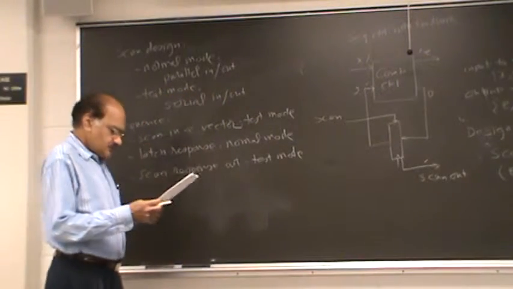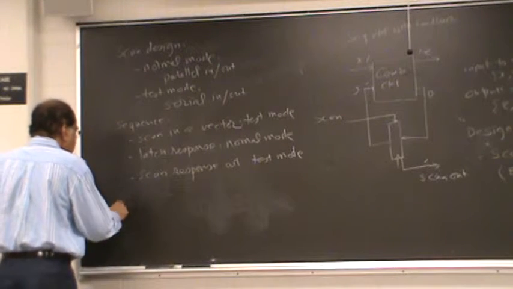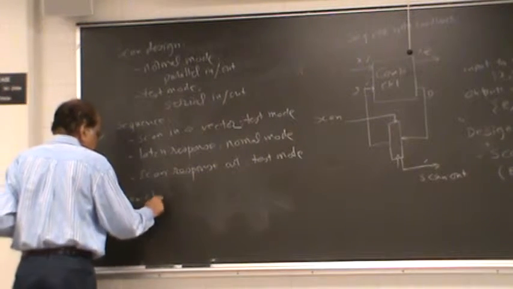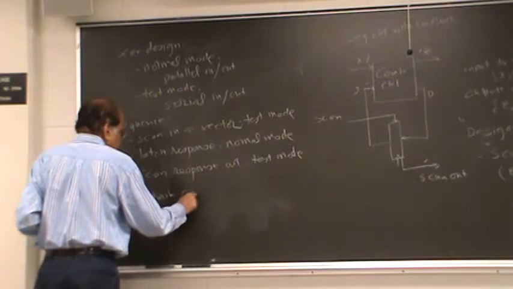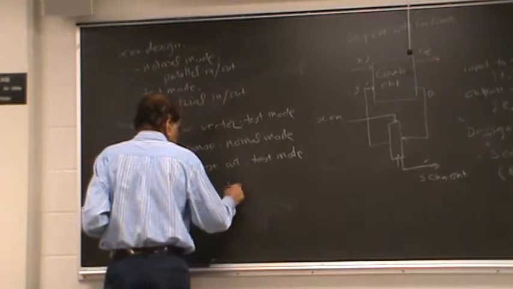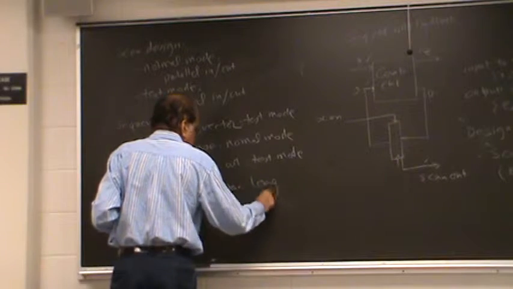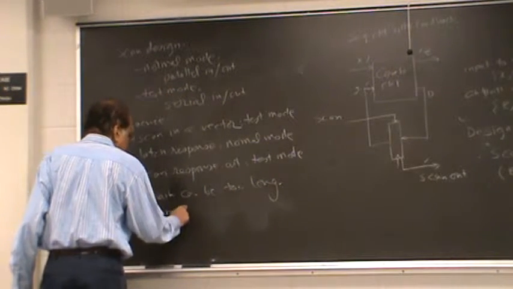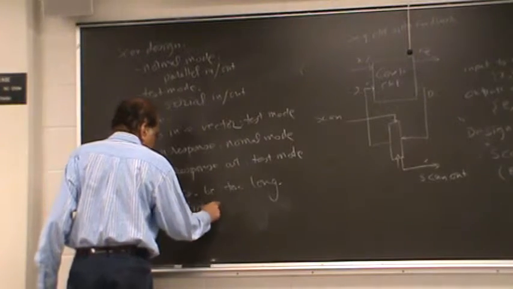Now there are some issues. So your scan chain could be long. And one possibility is you can have multiple chains in the circuit.